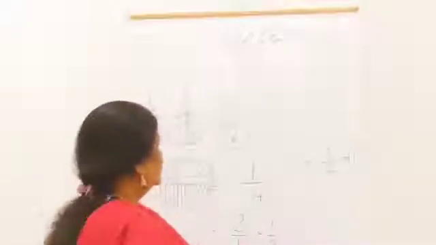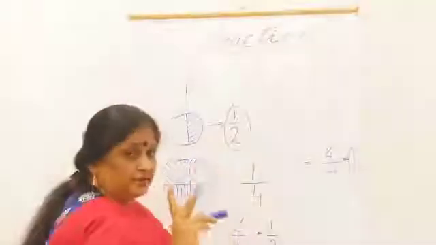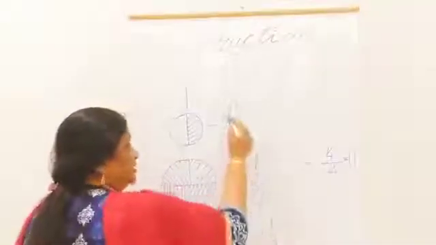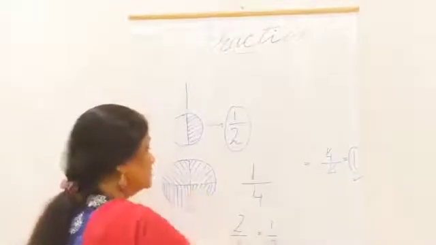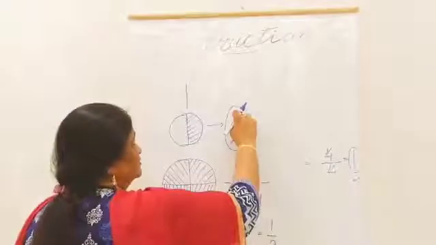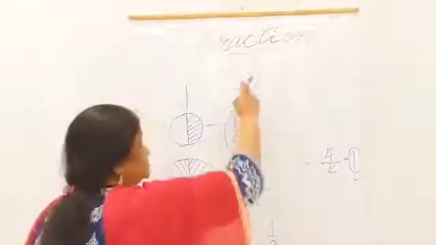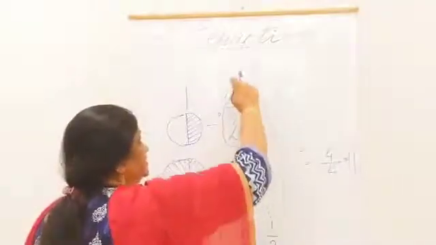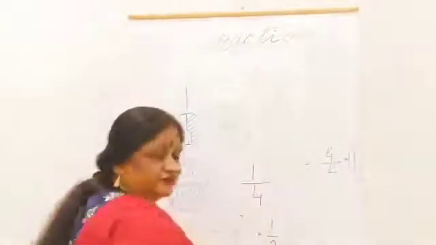So children, you have seen that we have used two numbers. One is on the top and the second is below. As I have already told you, writing the number in this form is known as fractions.